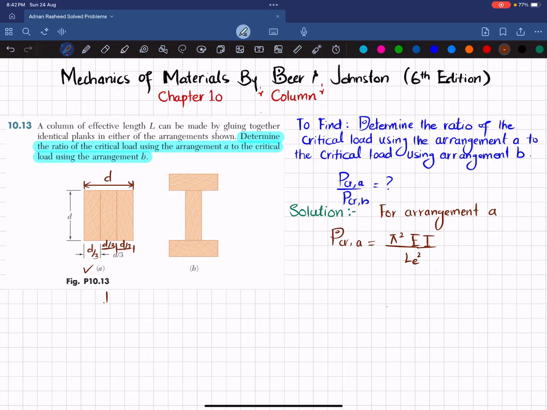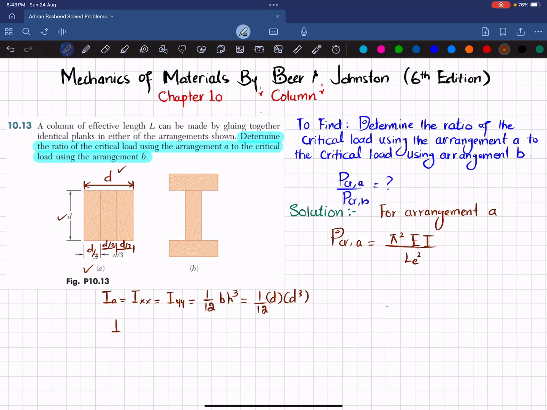So moment of inertia IA will be equal to Ixx, which is equal to Iyy, since it is symmetric, and that is equal to 1 over 12 base into height cube. The base is D and the height is also D. So 1 over 12 D multiplied by D cube.